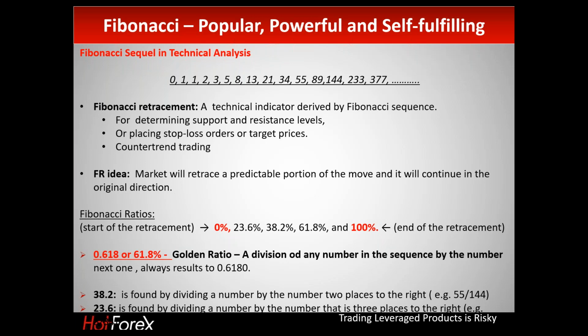So Fibonacci retracement is created by taking two extreme points on a chart, right, and dividing the vertical distance by the key Fibonacci ratios.